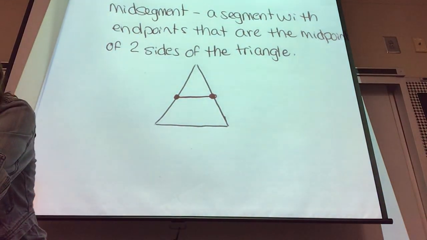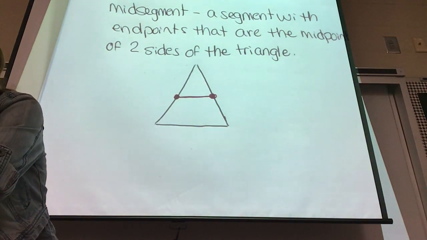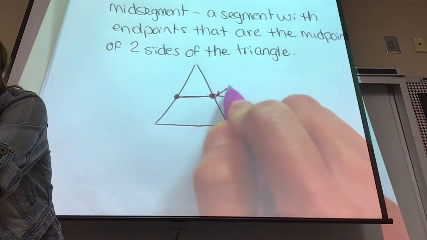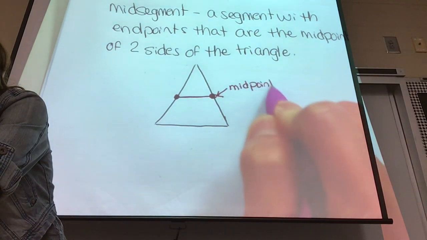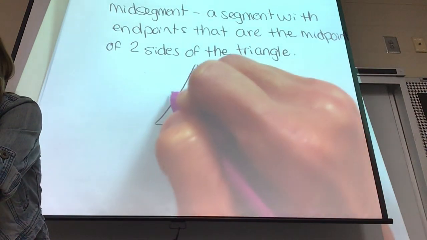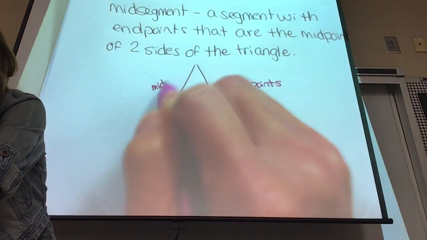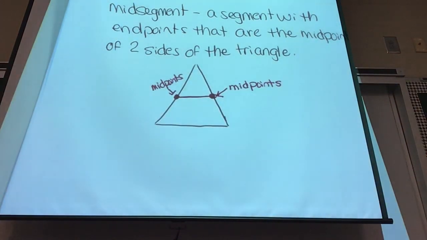What did those endpoints do? They split it in half. These were your midpoints to the sides of the line. So what it does is it cuts each one of those sides of your triangle basically in half.